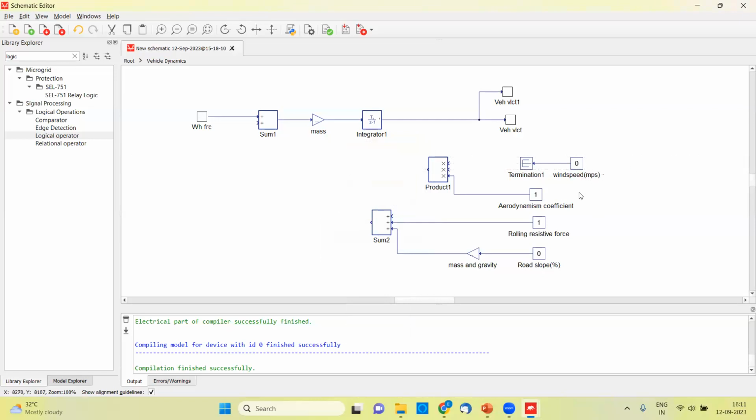Now, you must be wondering that we are taking road slope as 0, and wind speed is also 0, so then what is the purpose? Basically, this is an automated example which we have designed in order to show you how a system works when there is some sort of reference provided, because here our drive cycle is our reference, so we are not changing anything. But all these changes can also be provided in the reference.